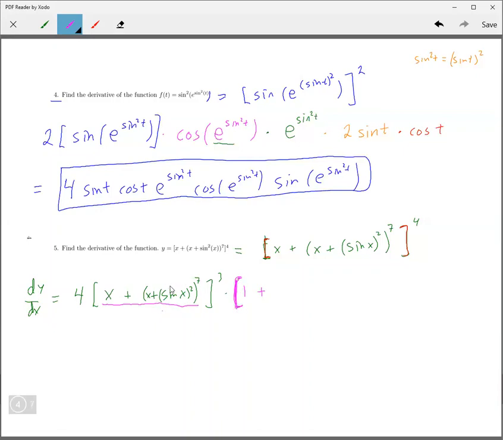here we have, all this is like u to the 7th. Okay, so the derivative of this is going to be 7 times u to the 6th power.